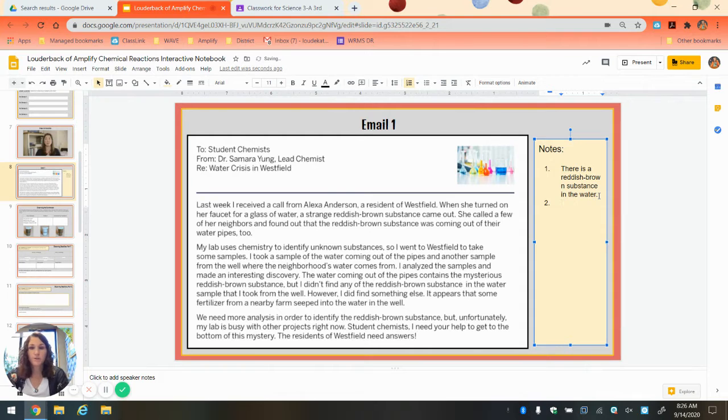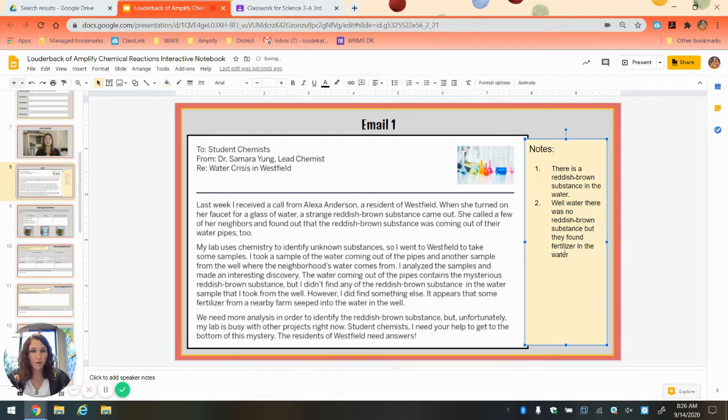Second, when they went to their source, the well water, there was no reddish brown substance, but they found fertilizer in the water. So something's happening between the source of their water, which is the well, and the moment that they turn on the faucet and it comes out reddish brown. So we're trying to figure that out.